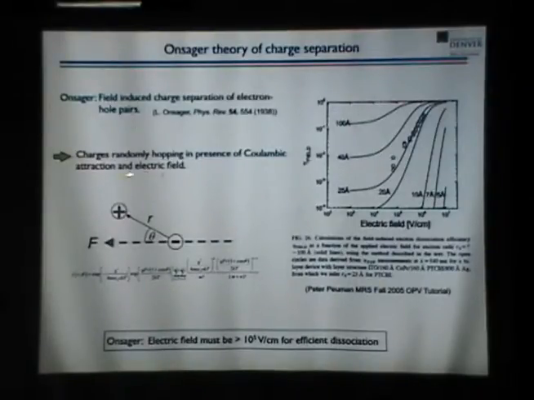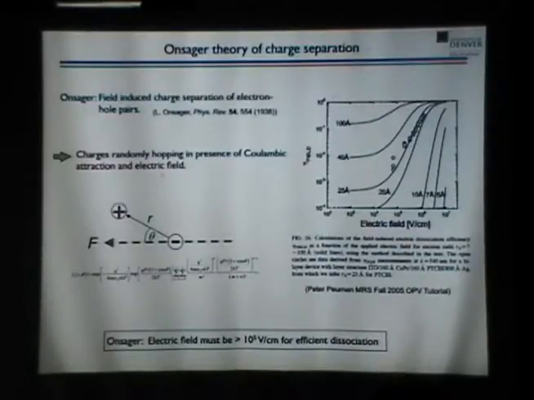And additionally, you apply an electric field. So there's an electric field on the system, right? These guys are hopping, they're being attracted, and then there's a field that wants to push them in opposite directions. So Onsager worked out the physics for that, and you get a probability for dissociation.